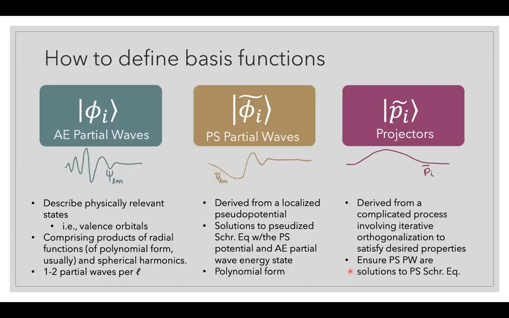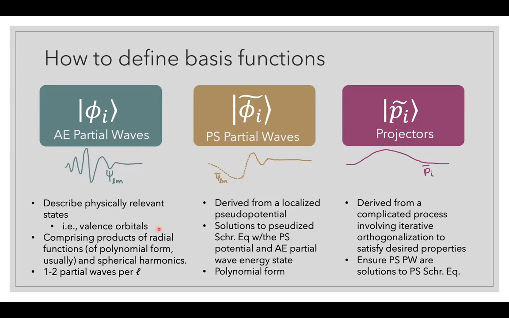in the DFT codes. So how do we go about defining these basis functions then? We know that they exist and we know that we can do things with them, but then how do we define them? Well, we'll start with the all electron partial waves. Those are ideally going to describe valence orbitals, the relevant states that we're looking to treat.